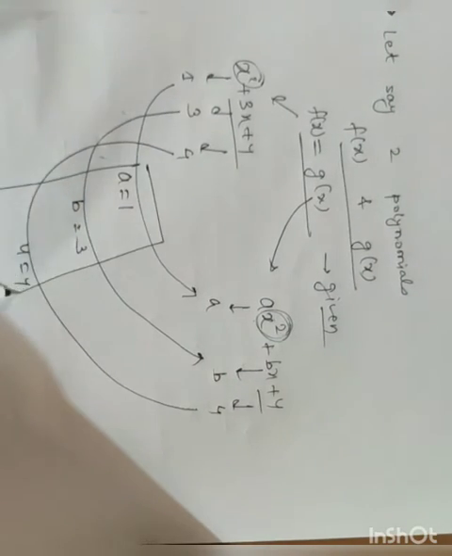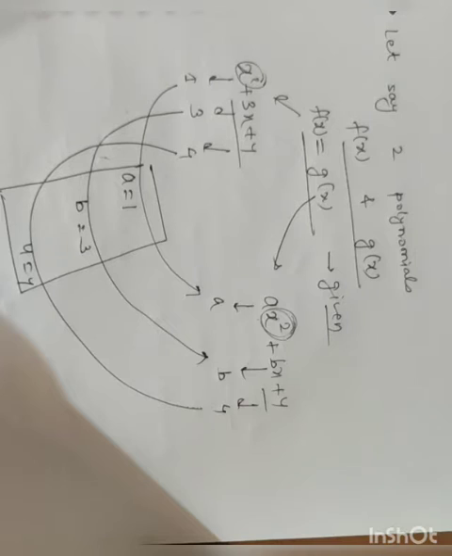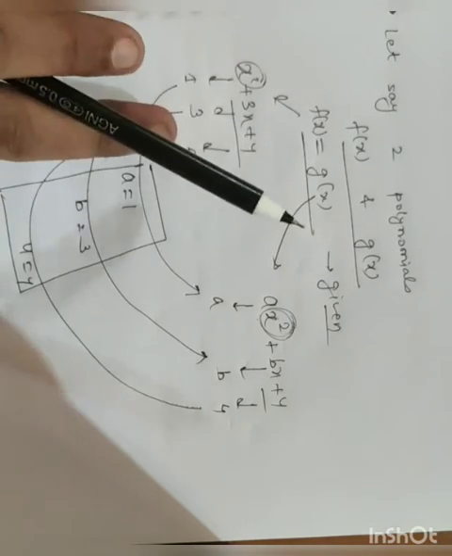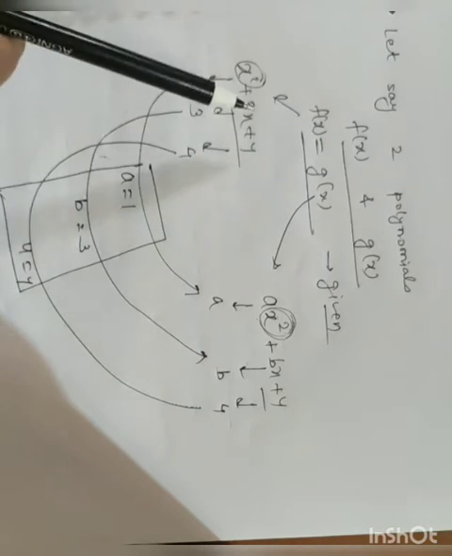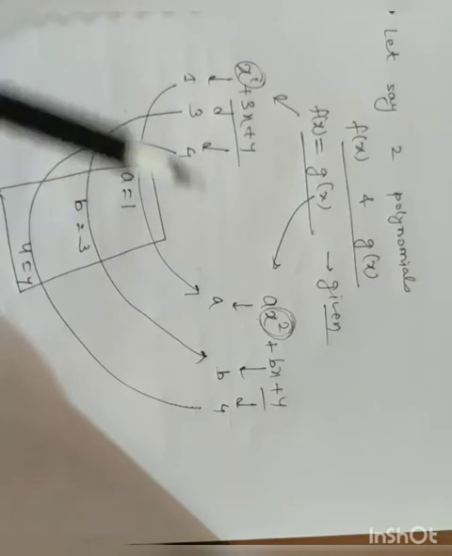So if anyone says that two polynomials f(x) and g(x) are equal, this means that the coefficients of respective powers of x in them are equal.